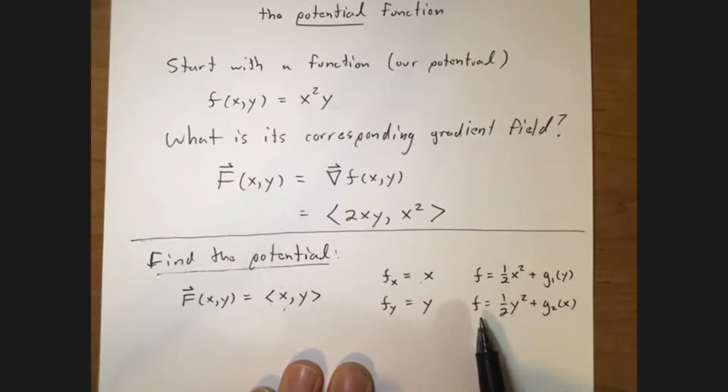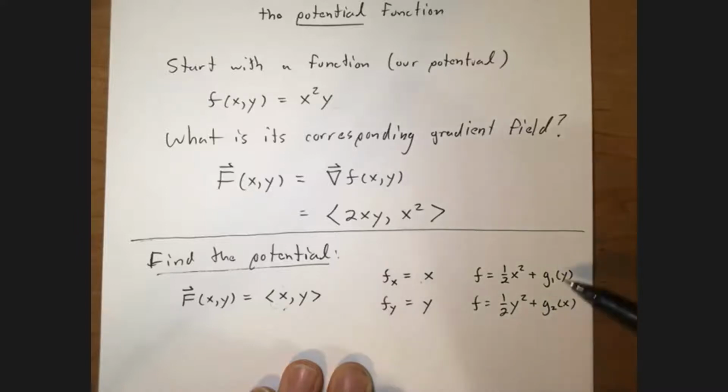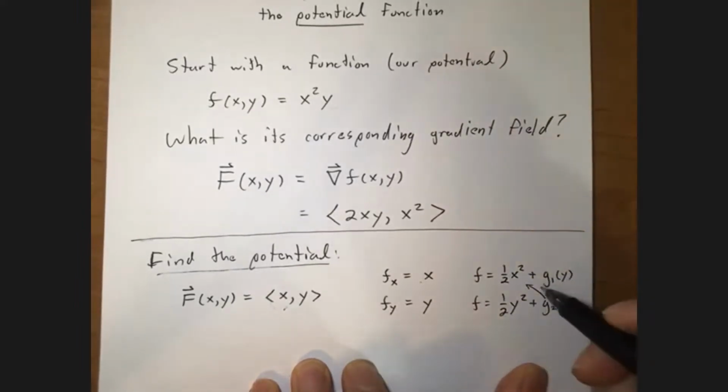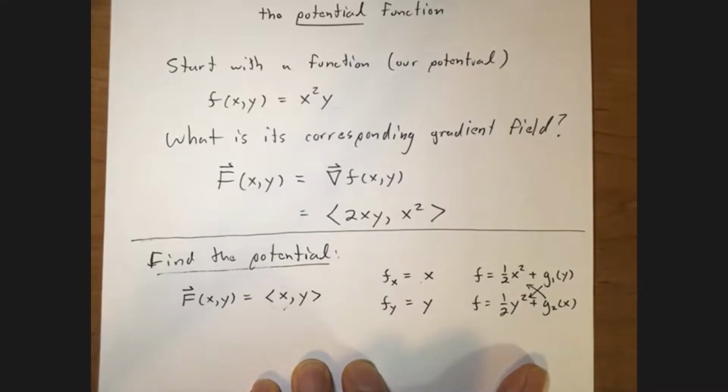And on the other hand, my function must look like the bottom line, 1/2 y squared plus g2 of x. Are these compatible? Yes, they are, because g2 of x could be this, and g1 of y could be that. So that's my potential function.